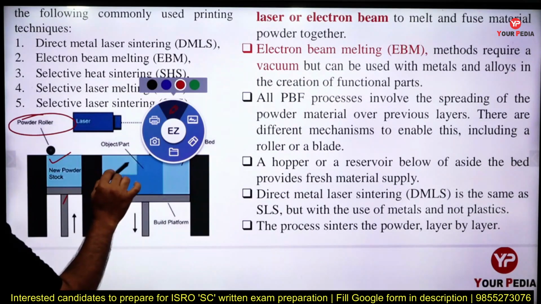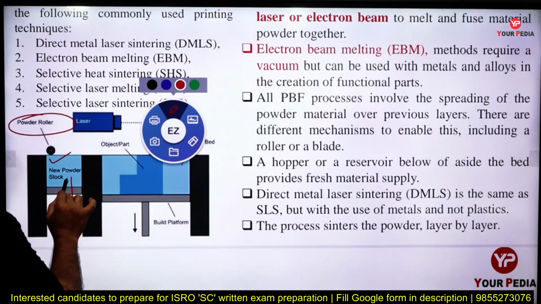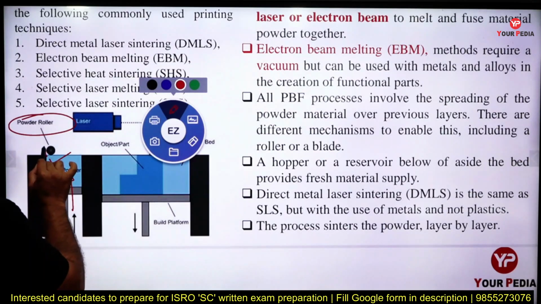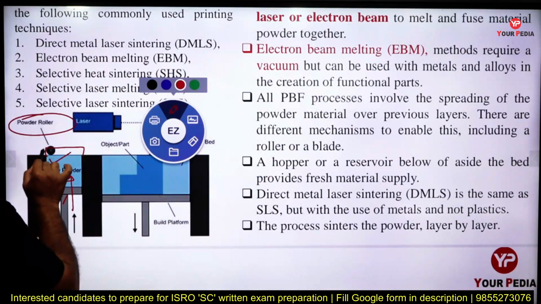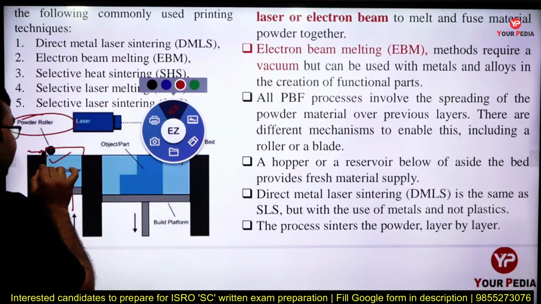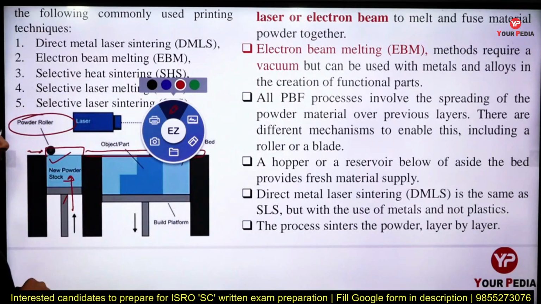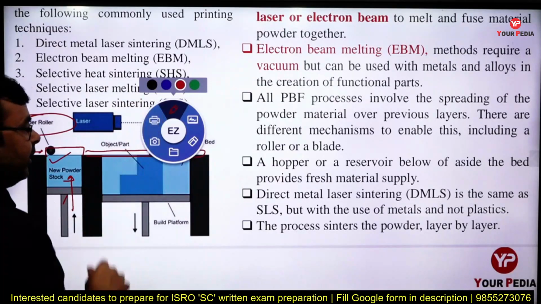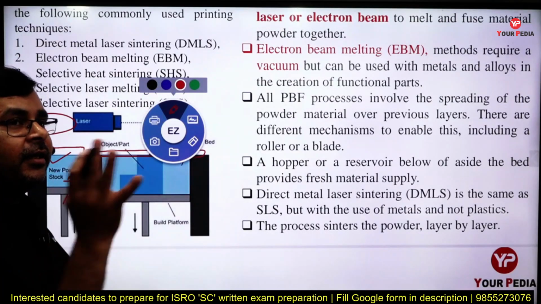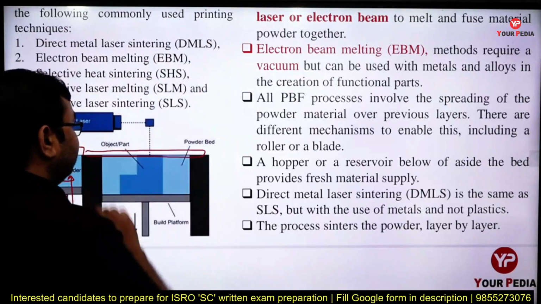As one layer is deposited, the platform moves in the upward direction, some powder comes up, and with the help of this roller you spread this powder over the whole surface. After spreading we provide the heat, so we can melt and cure it, correct. So, this is the method.